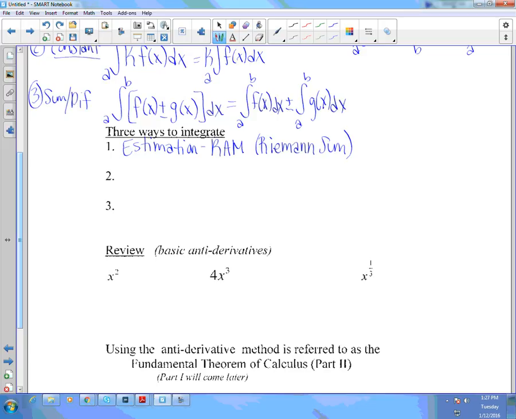In our last section, we started finding exact areas underneath the curve by using what? Geometry. And today we're actually going to start doing the antiderivative.